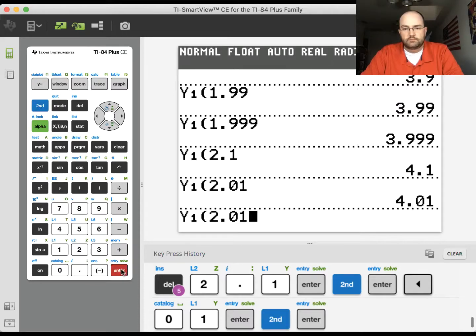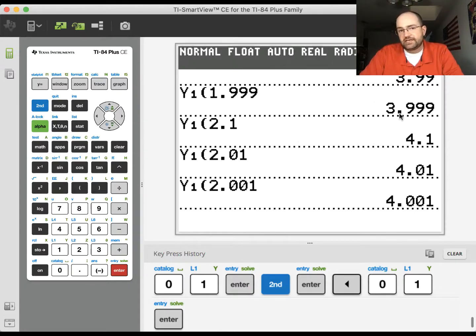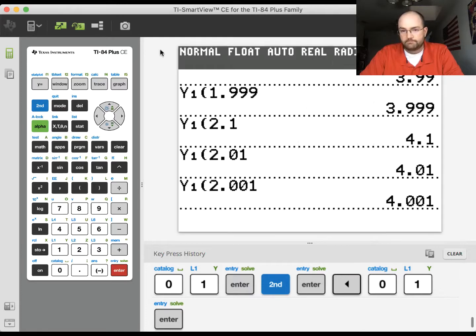Do it again. 2.001 will give us 4.001. Awesome. So basically what this is telling us is that as x gets closer and closer to the number 2, the output is getting closer and closer to the number 4. Alrighty, well, I guess I will see you back in the notes.